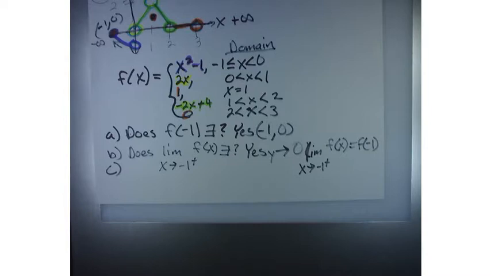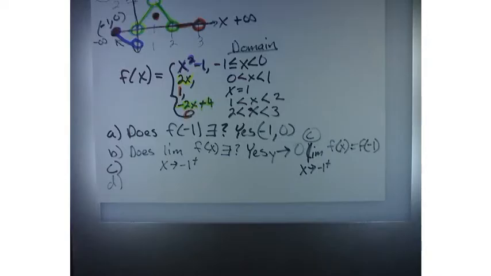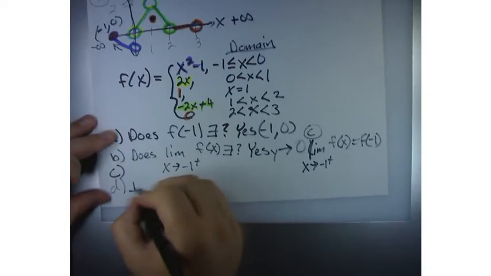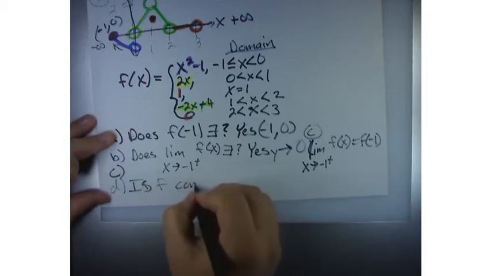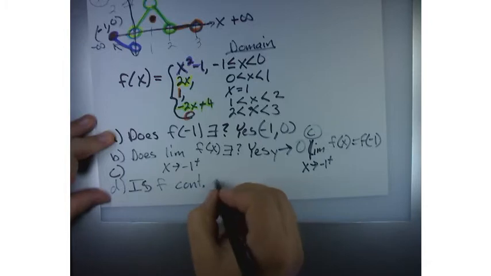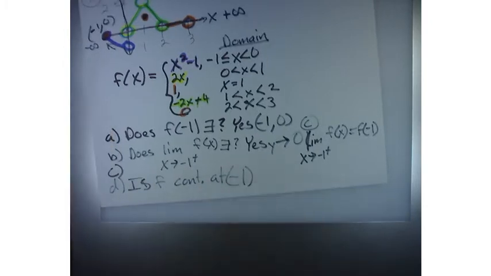So that's kind of B and C. This is really part C here. So then part D says, is f continuous at negative 1? At x equals negative 1. Well, is it?